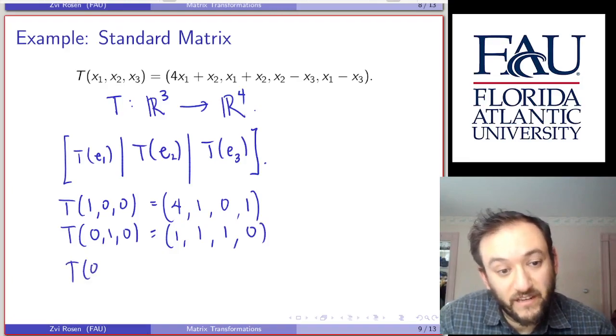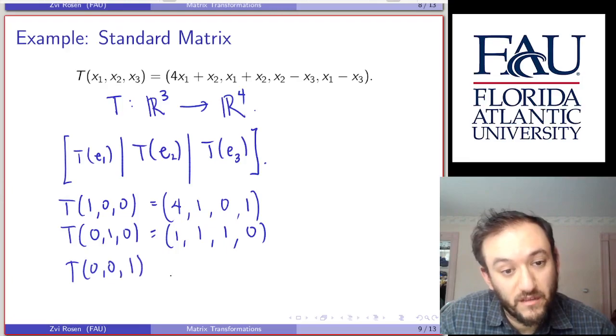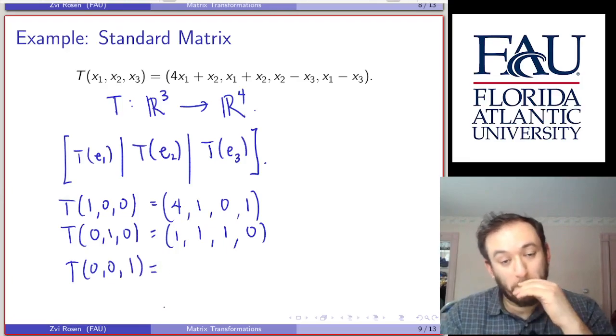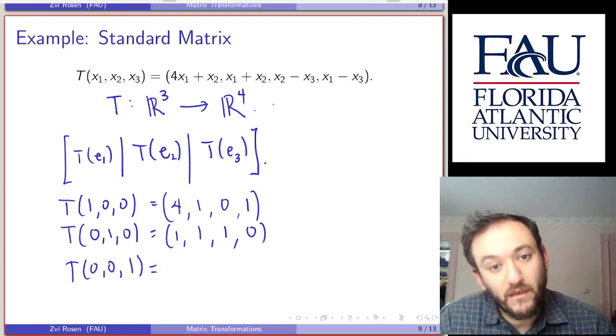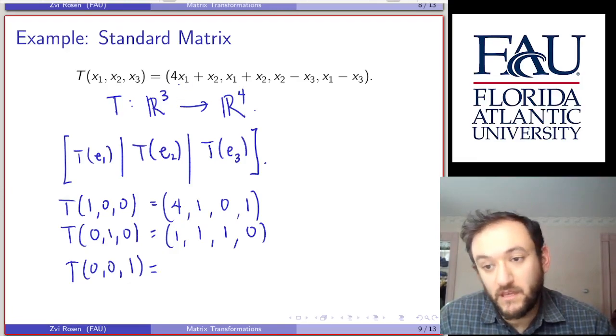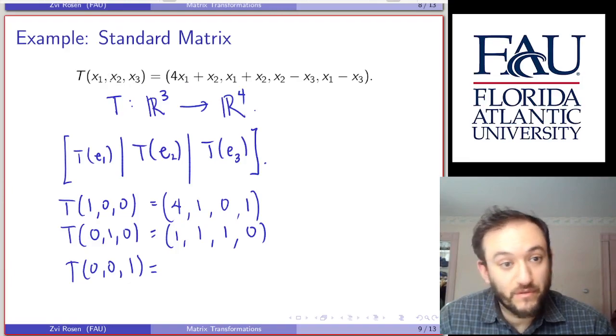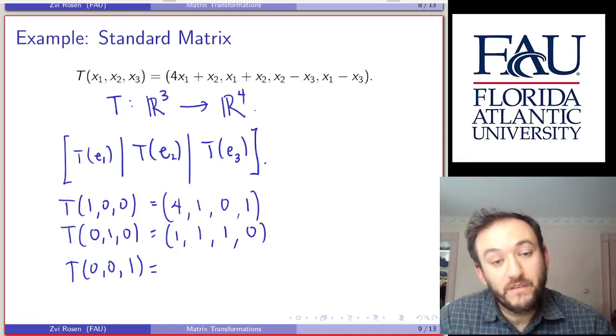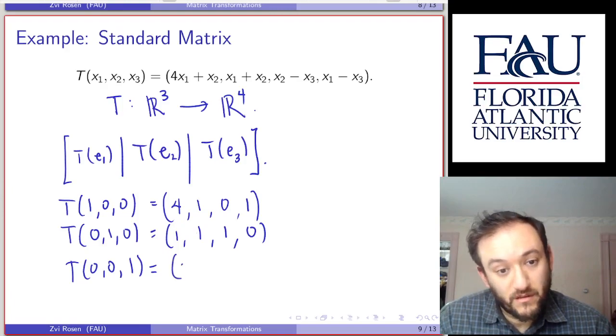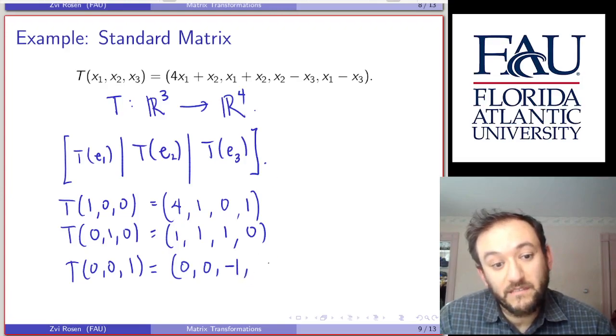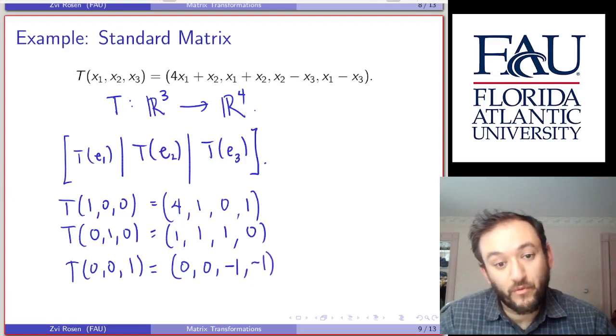And finally, the third basis vector, x1 and x2 are 0, and x3 is 1. So we get 0 for our first coordinate, 0 for our second coordinate, minus 1 for our third coordinate, and minus 1 for our fourth coordinate.